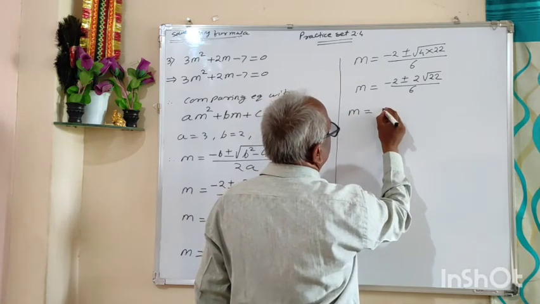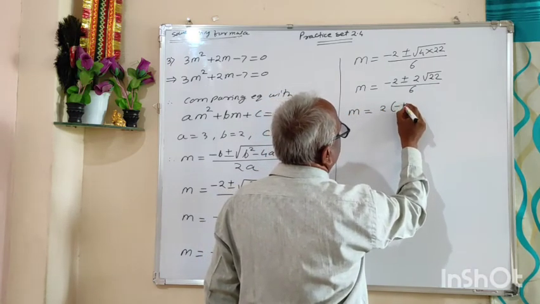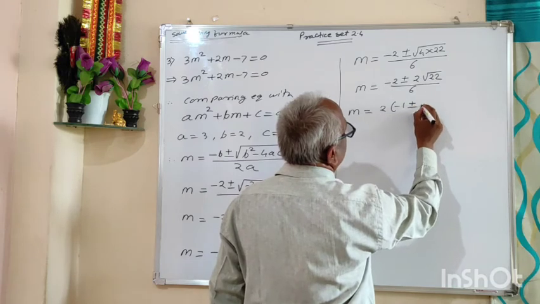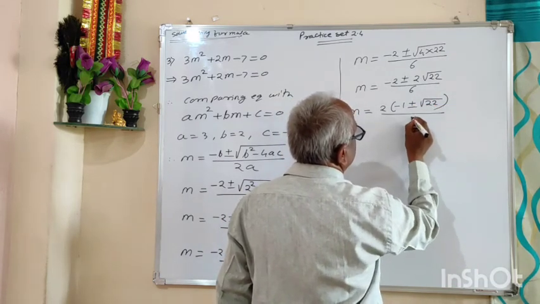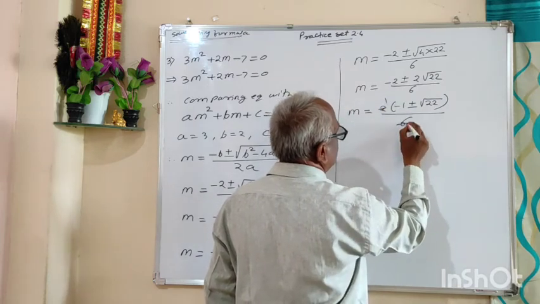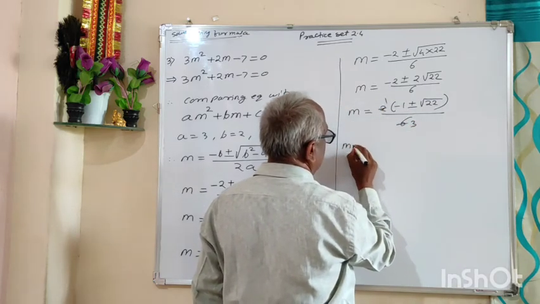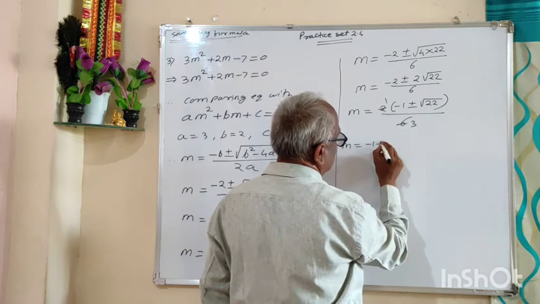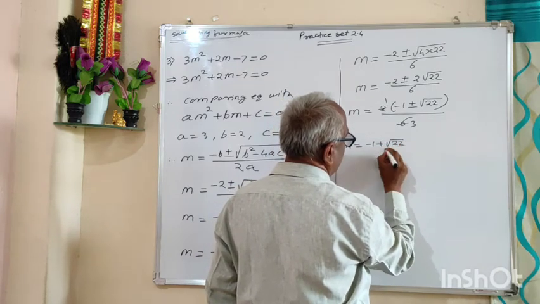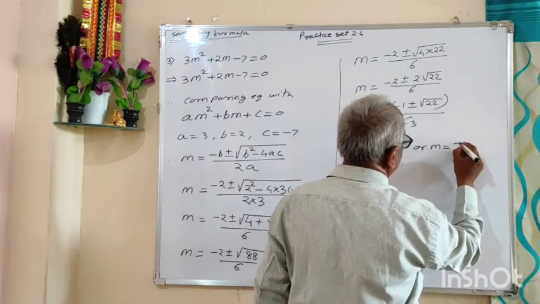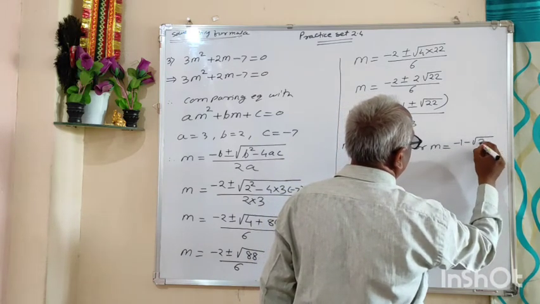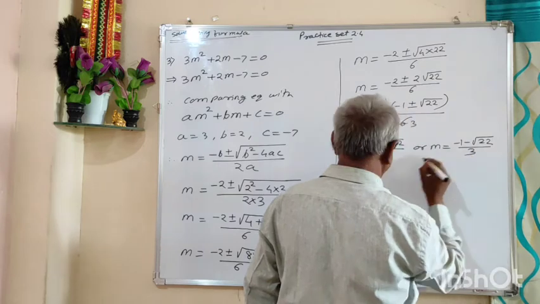Therefore m is equal to 2 common inside the bracket minus 1 plus or minus under root 22 upon 6. 2 1s are 2, 2 3s are 6. Therefore m is equal to minus 1 plus under root 22 upon 3, or m is equal to minus 1 minus under root 22 upon 3.